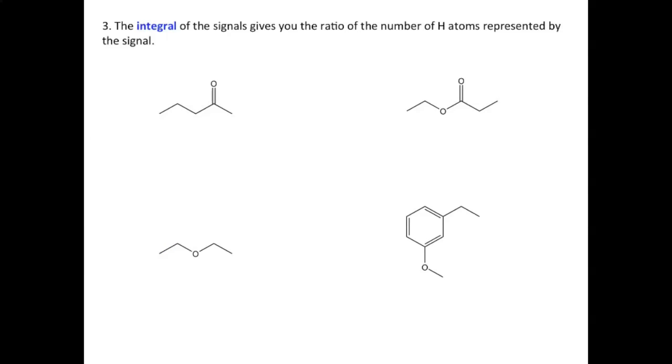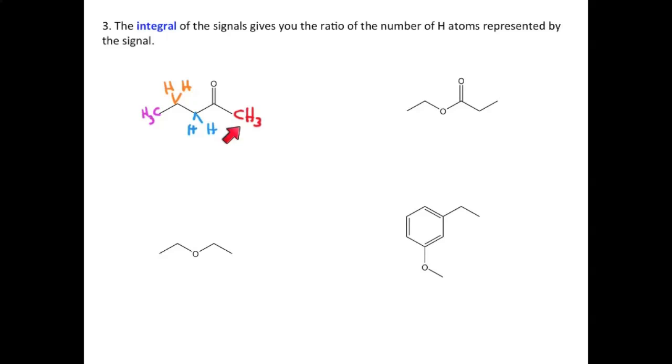Next, we're going to look at the integral of the signals, the ratio of the number of hydrogens that are represented. This is very, very simple. So if we look at our first example, we have a CH3, 2 H's here, 2 H's here, and 3 here.